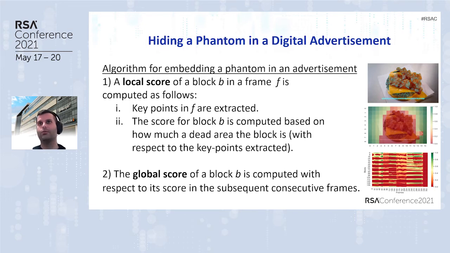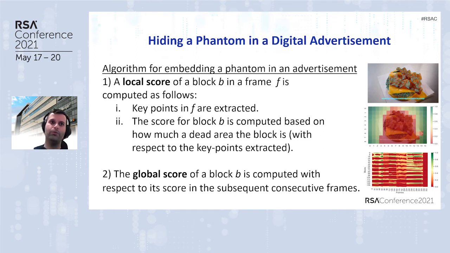The local score for each block is computed as follows. We extract key points for each and every frame, and we compute a local score for each block based on how much of a dead area the block is. It means basically how distant the block is from the extracted key points.